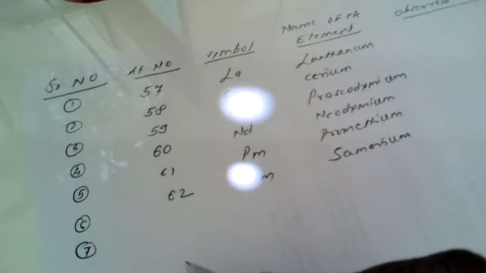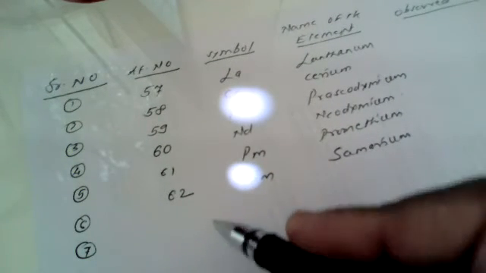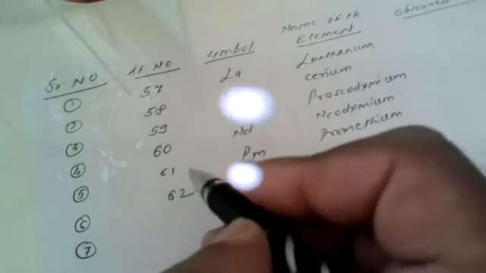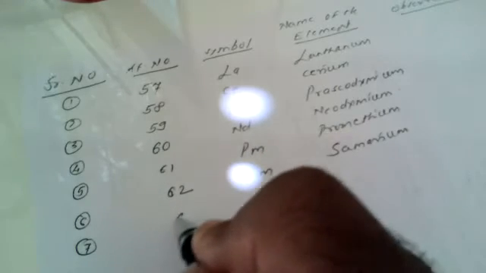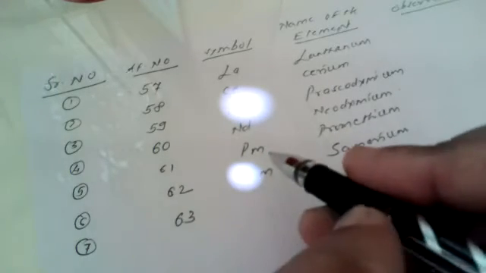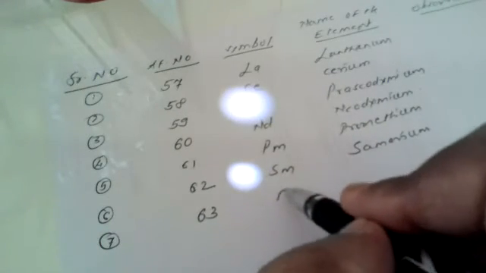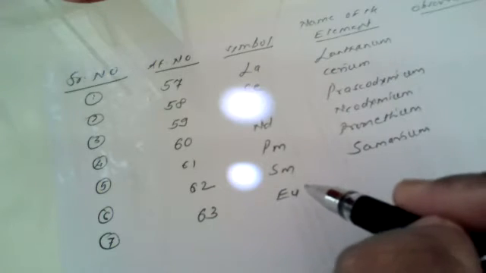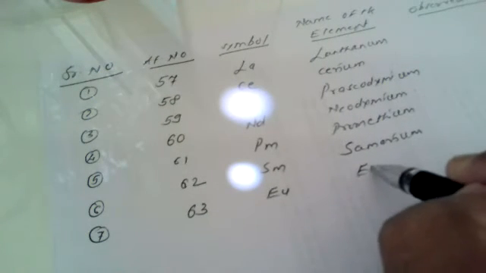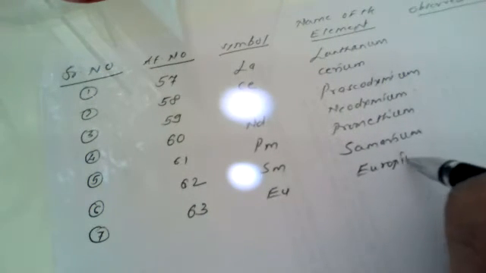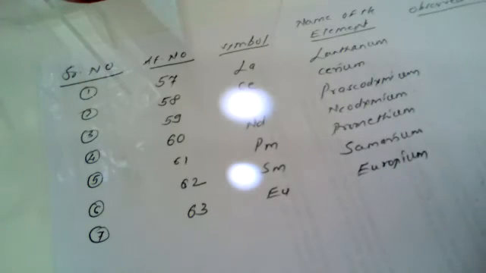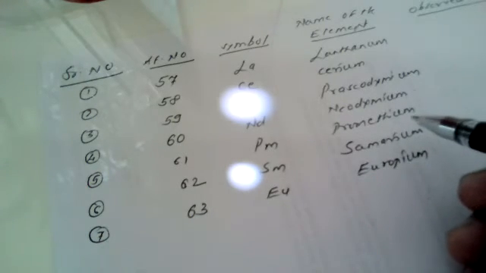So whatever I am telling you, you have to reproduce during your seminar. Atomic number 63. Symbol is Eu. Name of the element is europium.